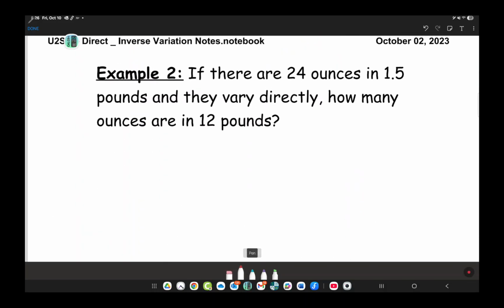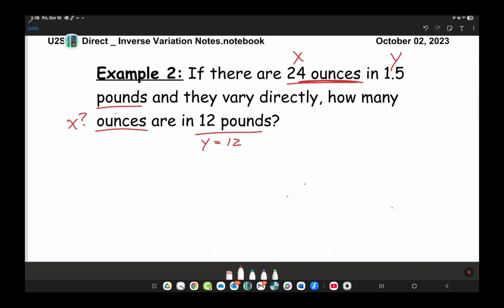It says that if there are 24 ounces in 1.5 pounds, okay, they vary directly. So we'll say that this is X and this is Y. It doesn't really matter which one you say is X and Y, as long as if X is ounces, okay, and Y is pounds, how many ounces? So we're looking for X, okay, in Y equals 12 pounds.